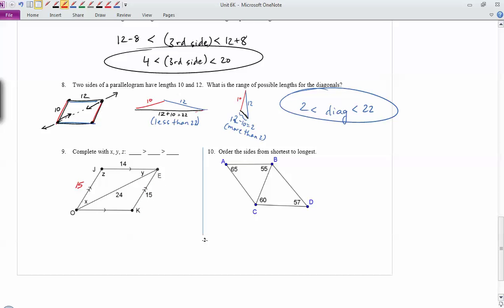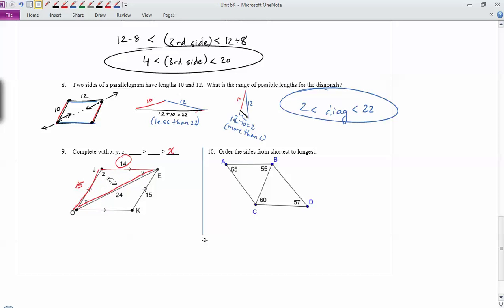And then really all you have to do is examine this triangle right there, because we know all three sides. 14 is the shortest side, so this is going to be the smallest angle. And notice these are greater than symbols, so the smallest one goes here. So X goes there.